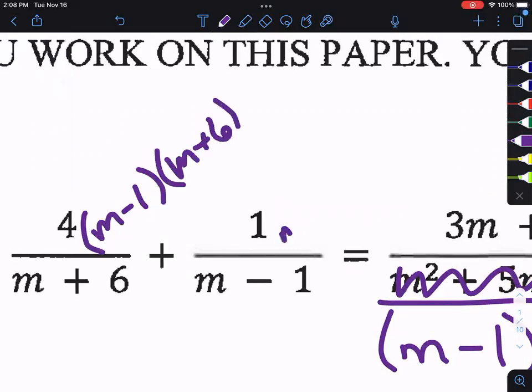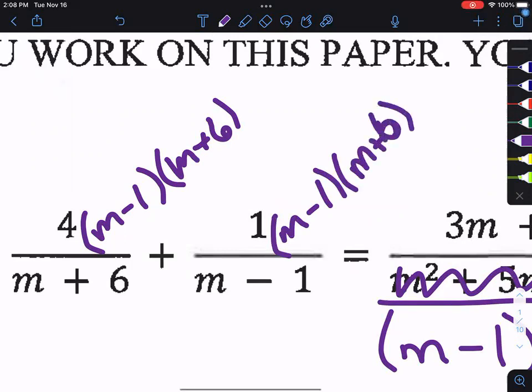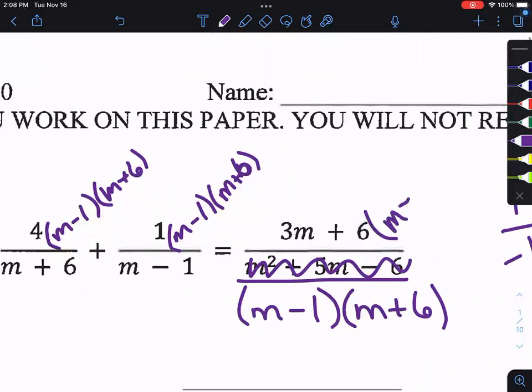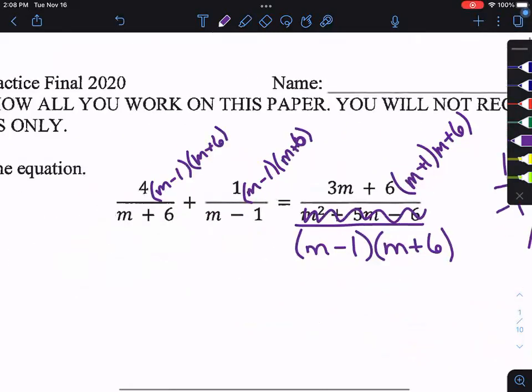So we're going to go all the way across and multiply every single term by the common denominator. When we do that, we're going to be able to cancel something out of every fraction that will actually eliminate all of the fractions in our equation. So for this first problem, the m plus 6 is going to cancel with the m plus 6.